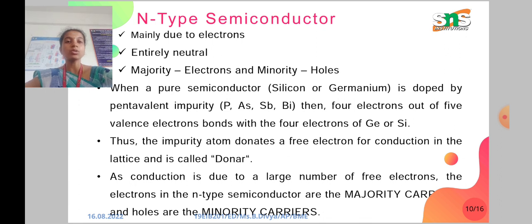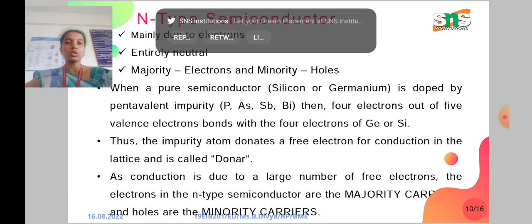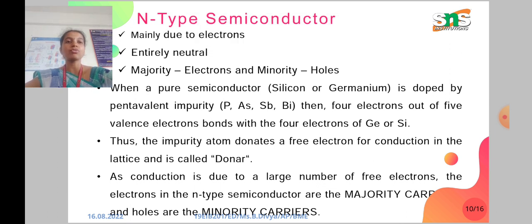Thus, the impurity atom donates a free electron for conduction in the lattice and is called a donor.